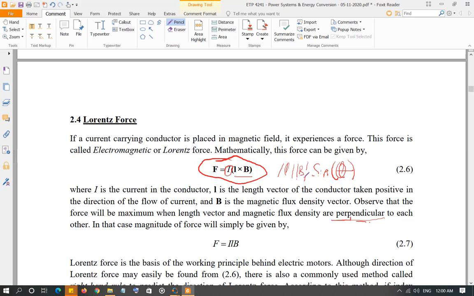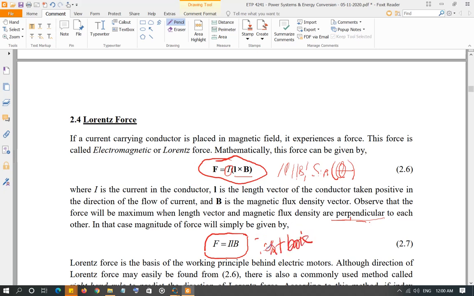If L and B are perpendicular, it is sine of 90, which is 1, and that's the maximum force that will be applied on the wire if the wire is sitting perpendicular to the direction of the magnetic flux density. Then your equation reduces to F is equal to I L B, and this is the equation that is given in your textbook as well.